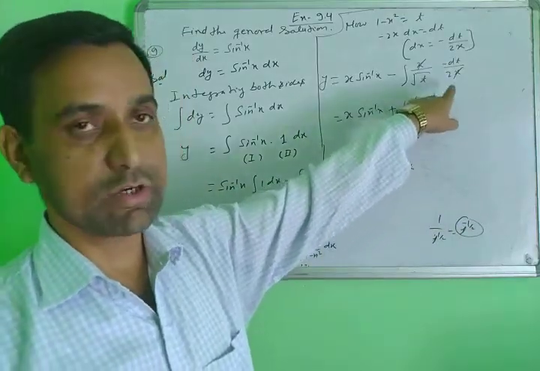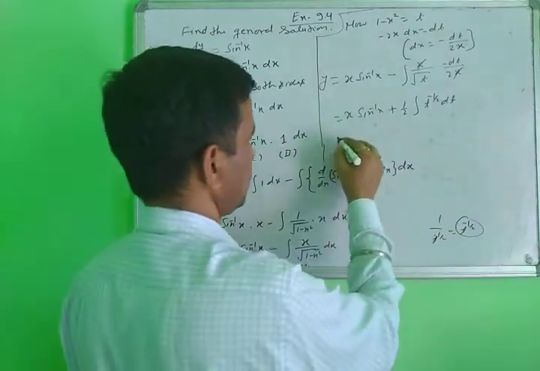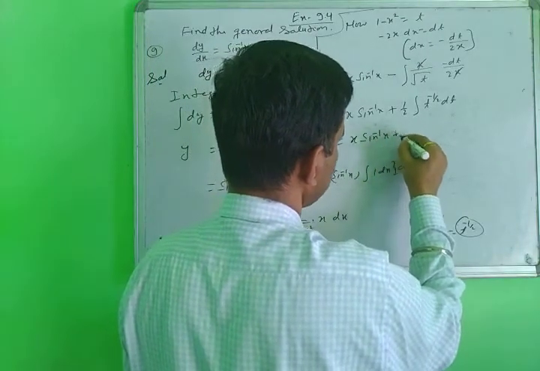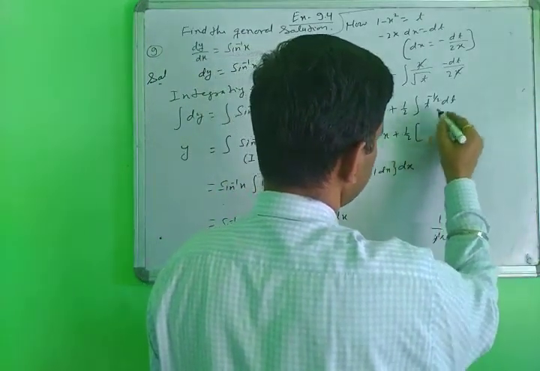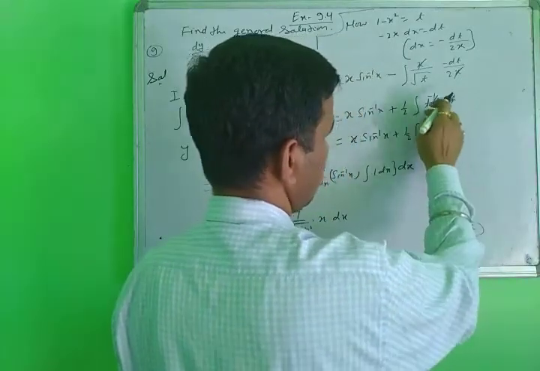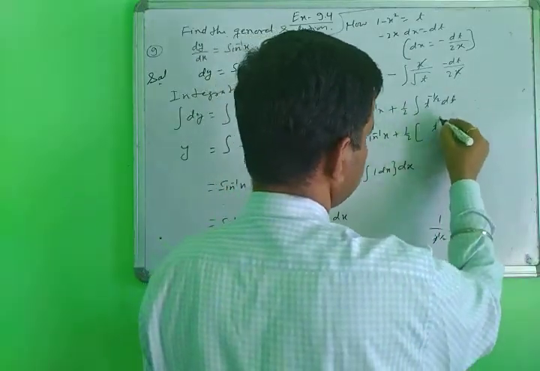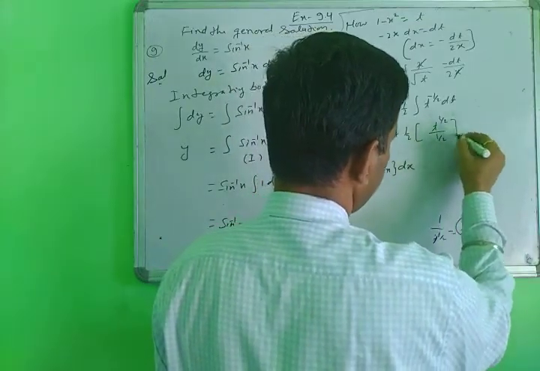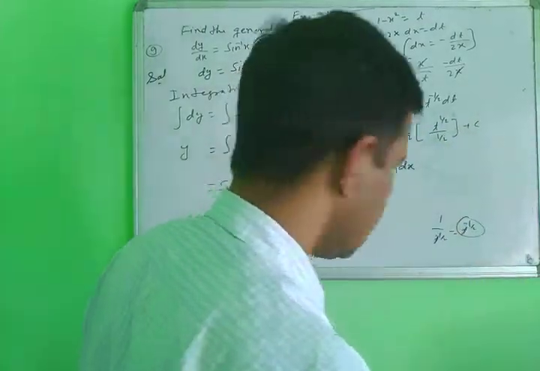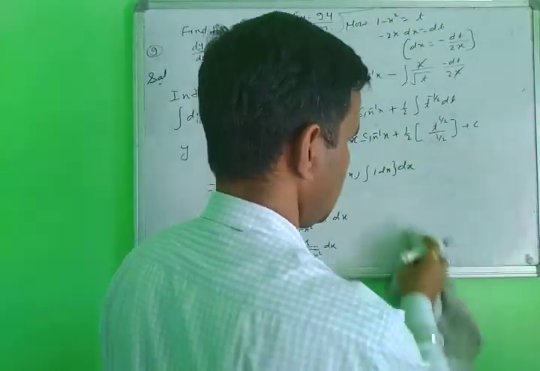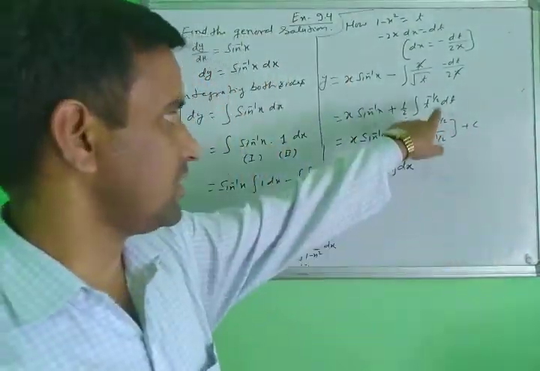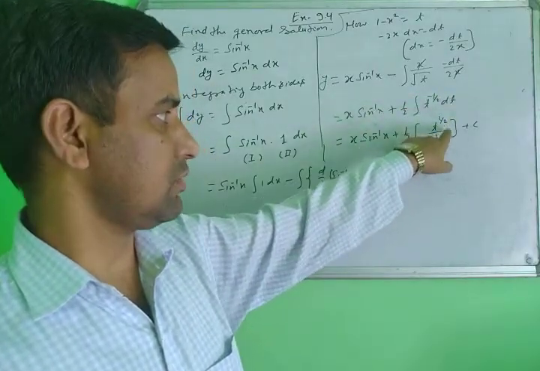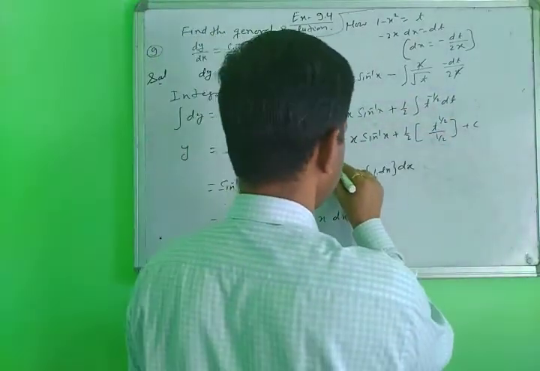Then it is easy to integrate. So y equals x sin inverse x plus 1 by 2 times t exponent minus 1 by 2 plus 1, which is 1 by 2, upon 1 by 2, plus c. When integrating, the power minus 1 by 2 plus 1 gives 1 by 2, so we get root t.